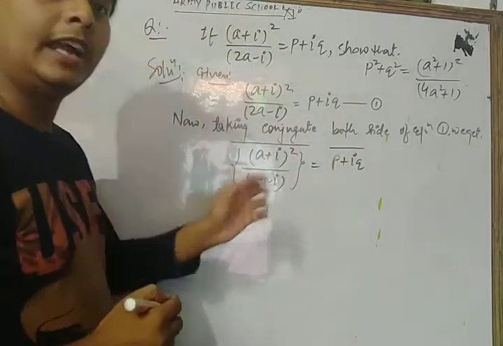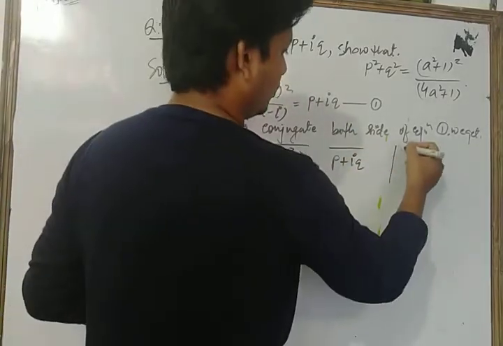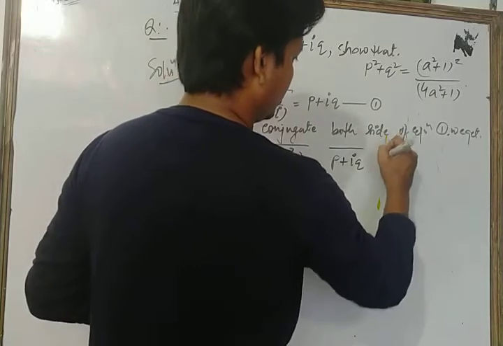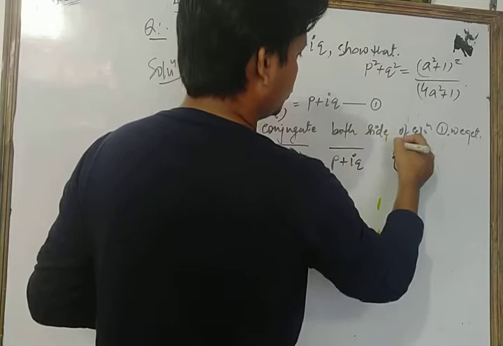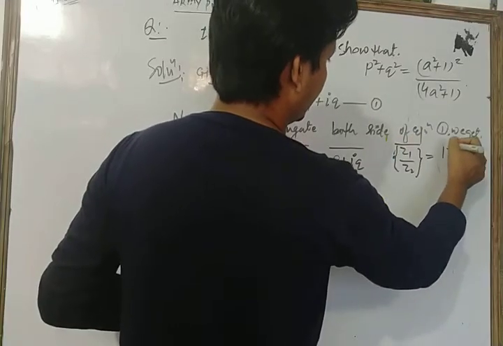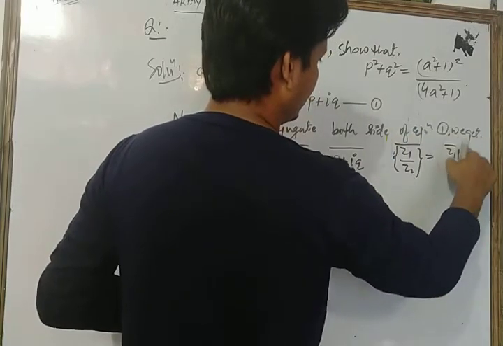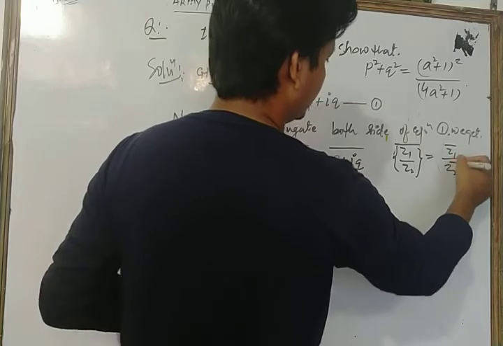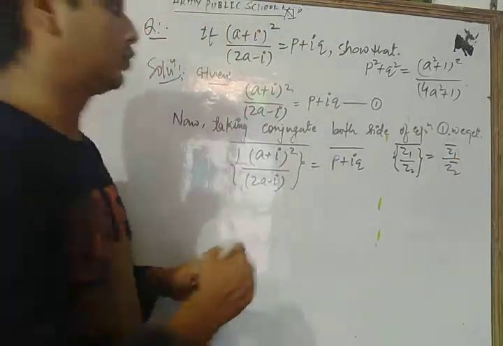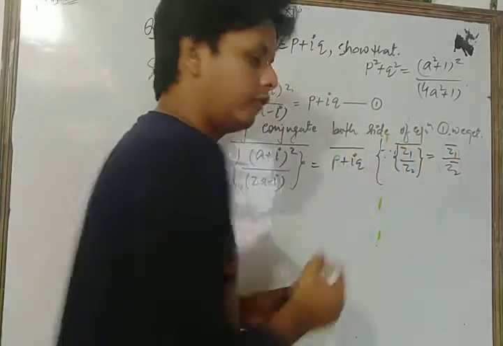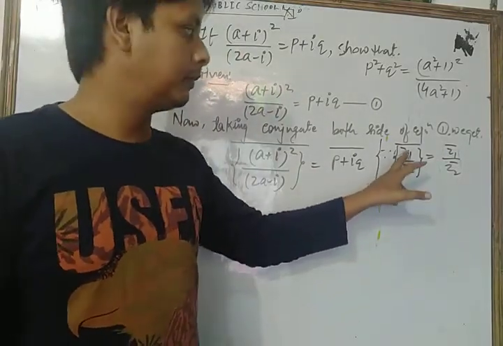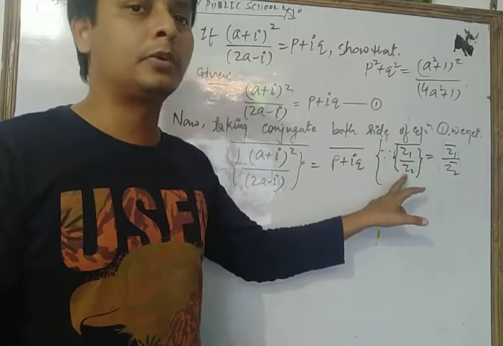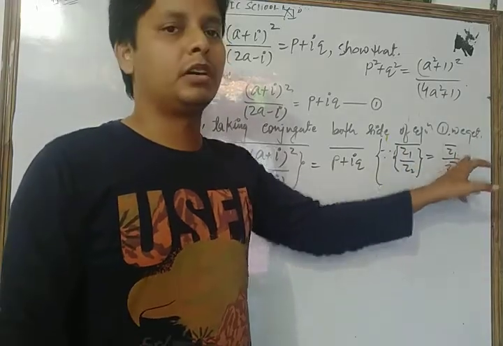We know the property of the conjugate: the conjugate of z1 / z2 is equal to z1 bar / z2 bar.